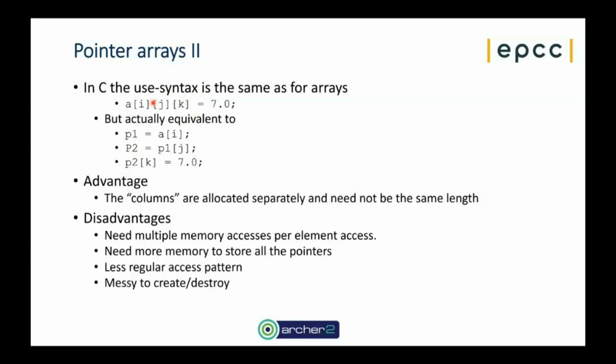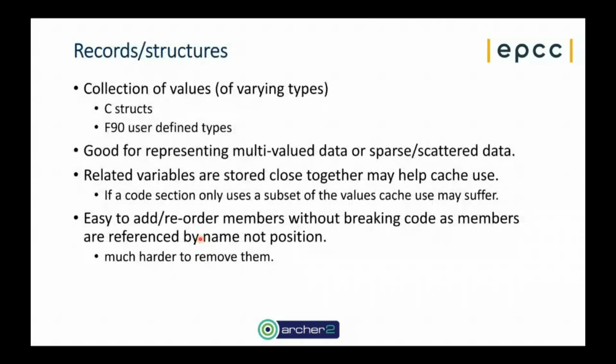To get your actual data is equivalent to this set of instructions over here, and that means you're going to do a little bit more memory accesses to get your data out of it, but it's still perfectly possible to optimize and vectorize and get good performance as well.